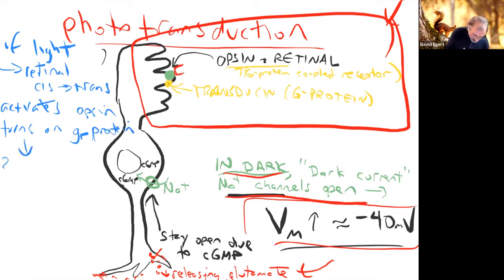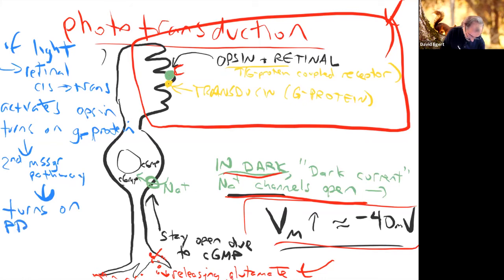Which is going to start a whole second messenger pathway. And ultimately, the result of that whole second messenger pathway turns on phosphodiesterase, which hopefully you remember. What does phosphodiesterase do?